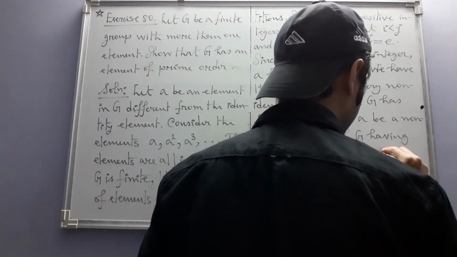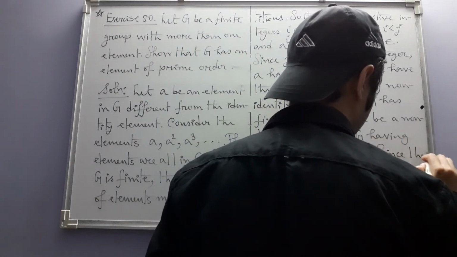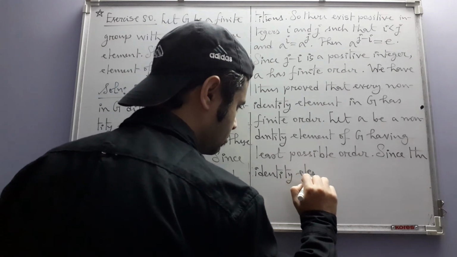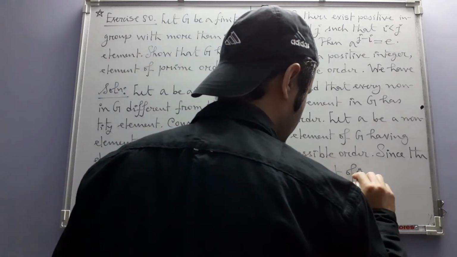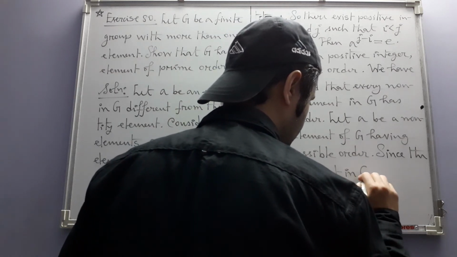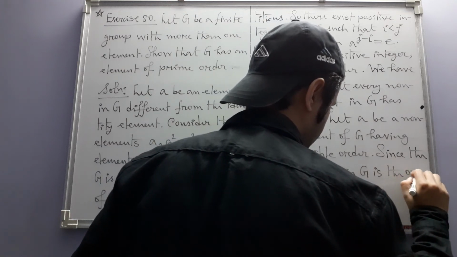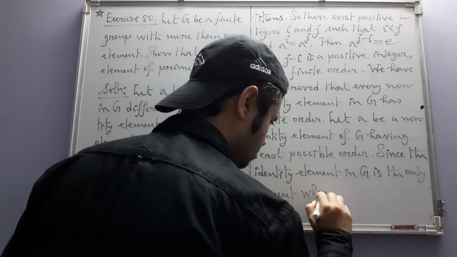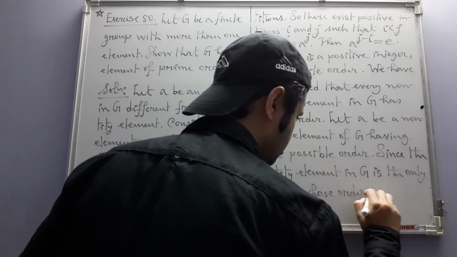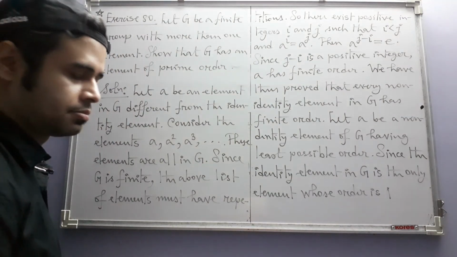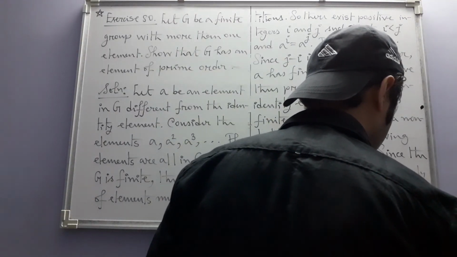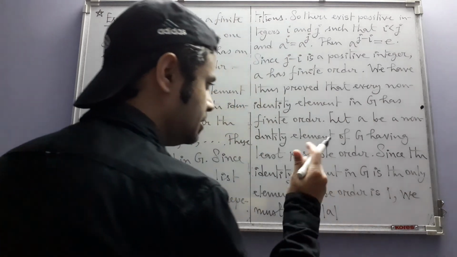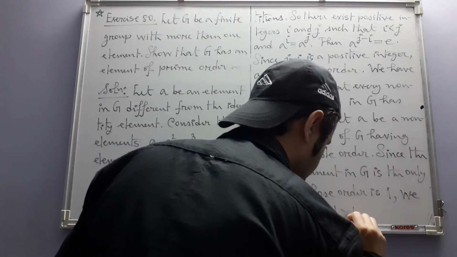Okay. Now, since the identity element in G is the only element whose order is 1, we must have the order of this non-identity element greater than 1.